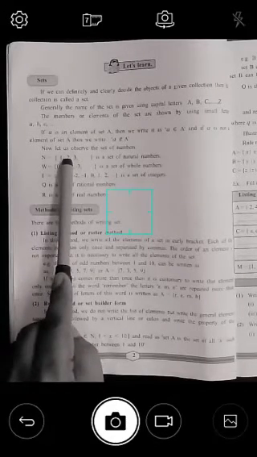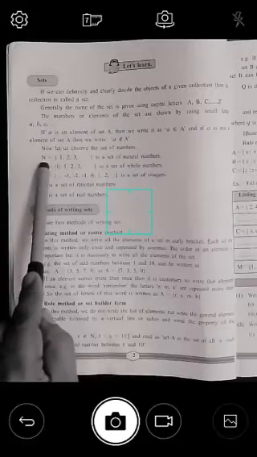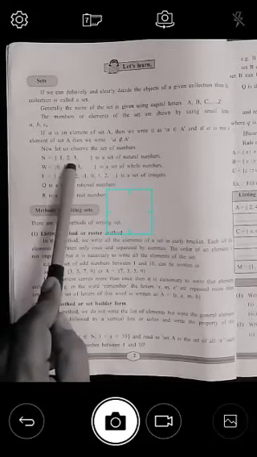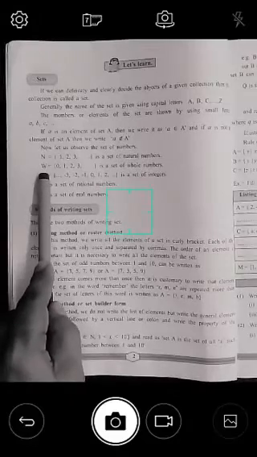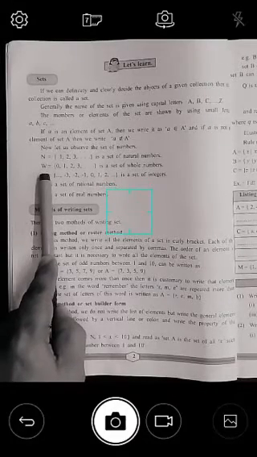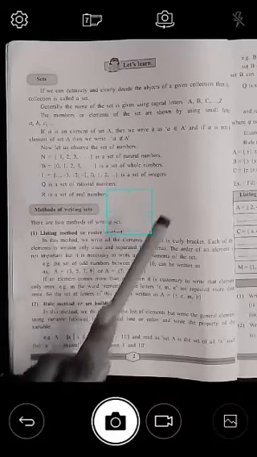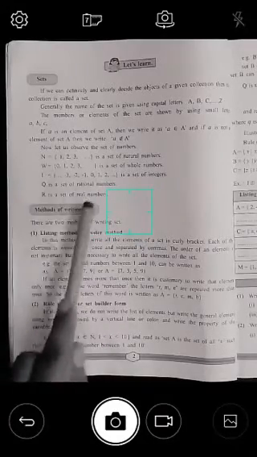Now consider the following sets. Capital N, that is the set of natural numbers, which is 1, 2, 3, 4, etc. within curly brackets. Capital W, the set of whole numbers, represented as 0, 1, 2, 3, 4, etc. within curly brackets.